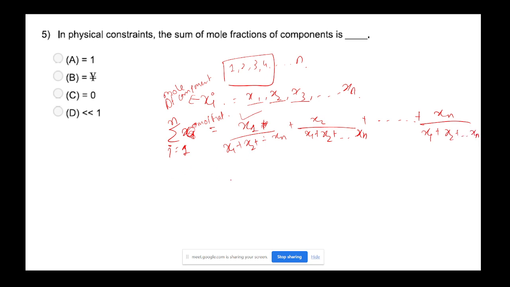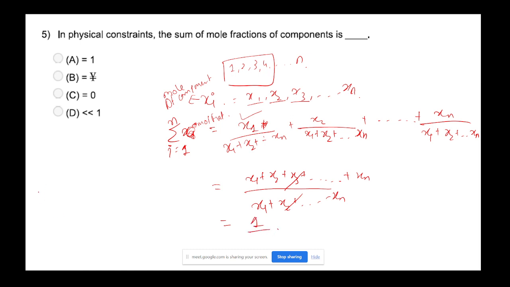Now since the denominator of each is constant, the summation of mole fraction would turn out into x1 plus x2 plus up to xn over x1 plus x2 plus x3 plus dot dot dot till xn. Since both numerator and denominator are the same, it will cancel out and end up as 1.